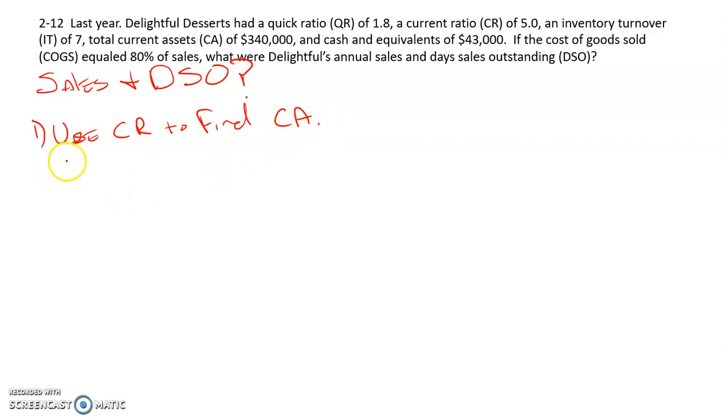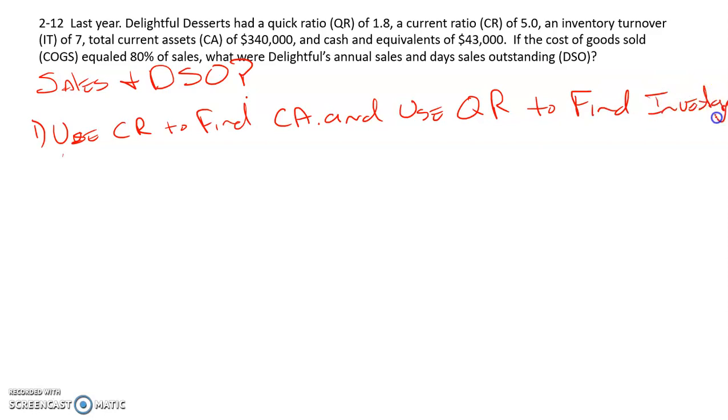Then we're going to use quick ratio to find inventory. There we go. So, all right.